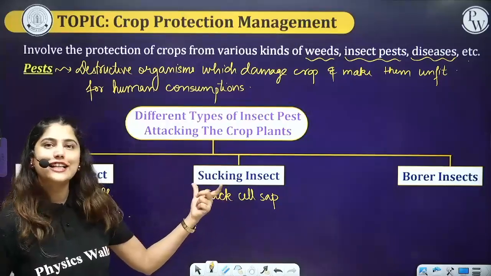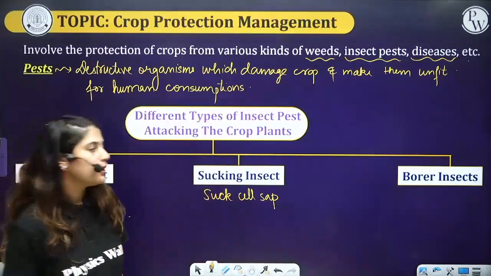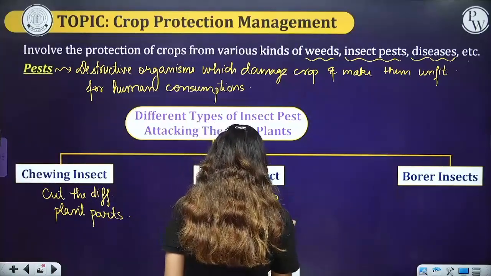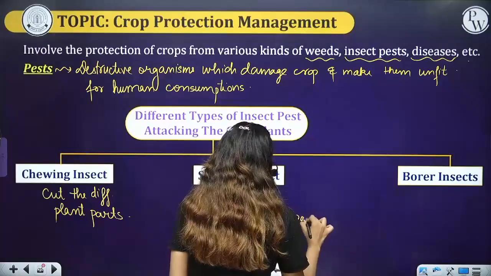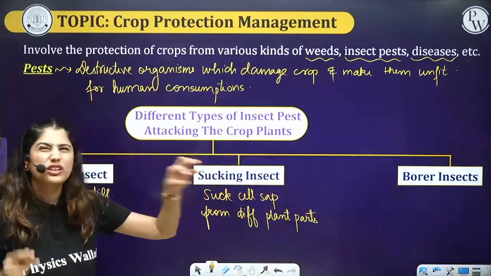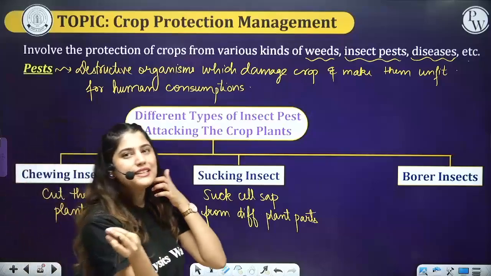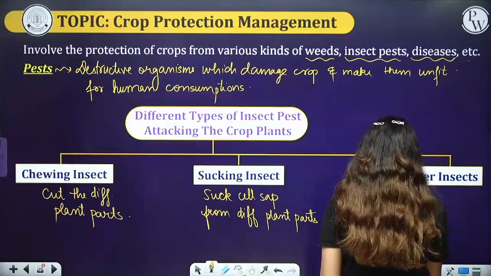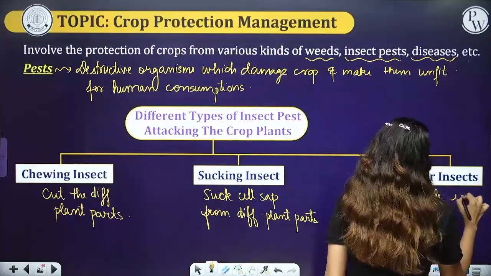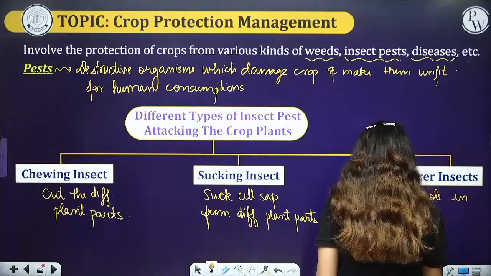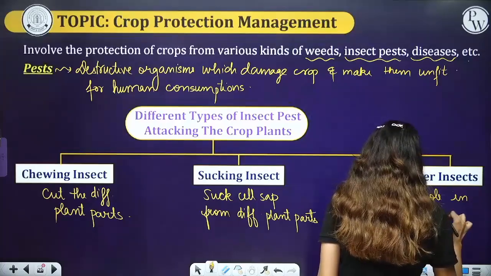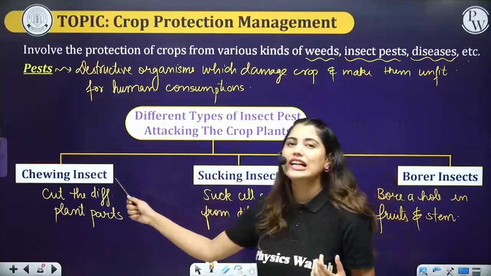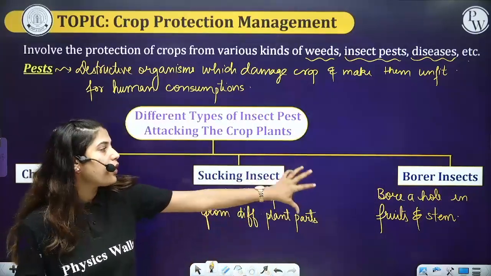So they suck the cell sap from different plant parts, or they bore a hole in maybe the fruit or the stem, right? So the mode of action of these pests can be different: either cutting plant parts, or sucking the cell sap, or making a hole.